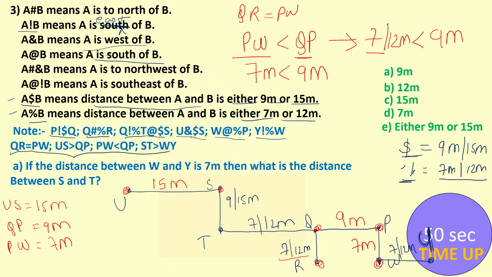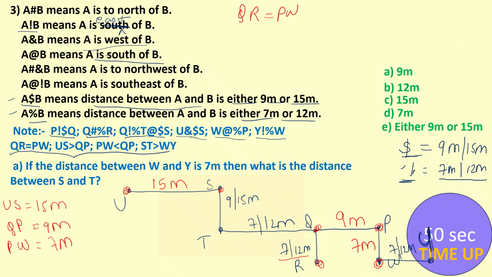Understanding? So now if you get PW distance as 7 meter, then PW is equal to what? QR. PW is equal to QR, they have given. This one. Correct? So if PW is 7 meter, then QR will also be 7 meter.